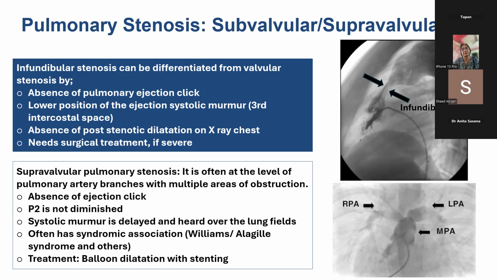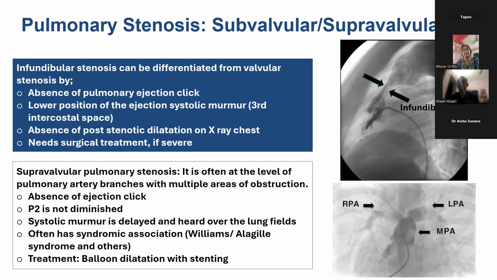These babies may require repeat balloon dilatations later, because in one go you may not be able to totally take care of the pulmonary stenosis. So this group is a little different in the sense that they are sicker, they are cyanotic, their right ventricle may be smaller, and they may not have the best results like we have for other balloon dilatations, where you have almost 98% success rates.